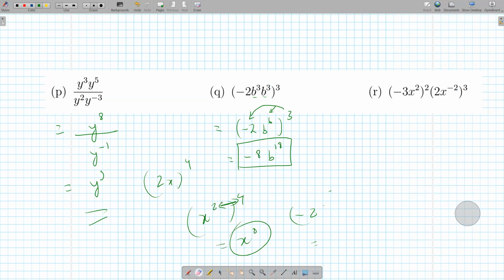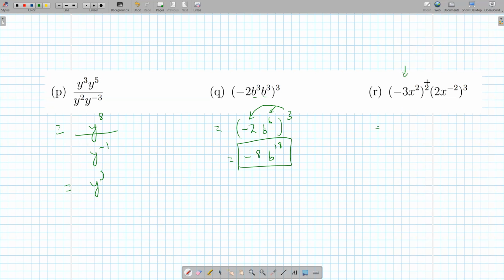Let's look at R. Open that first bracket for me. This bracket. Now remember, this squared applies to the x. It also applies to -3. 9x to the power of 4. Yeah, good. Open the second bracket. 8x to the power of -6. Yes.